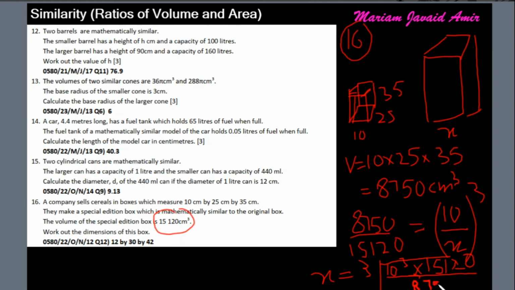So let's see what we get here. Cube root and then fraction key, inside 10 cube times 15120 divided by 8750. This is giving me 12. So corresponding to 10, I am getting 12 over here.